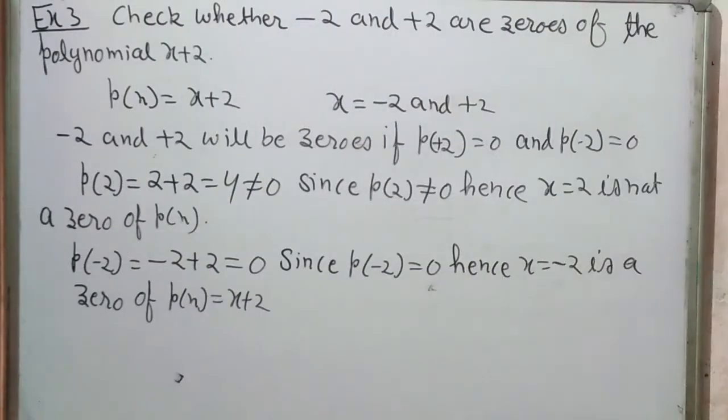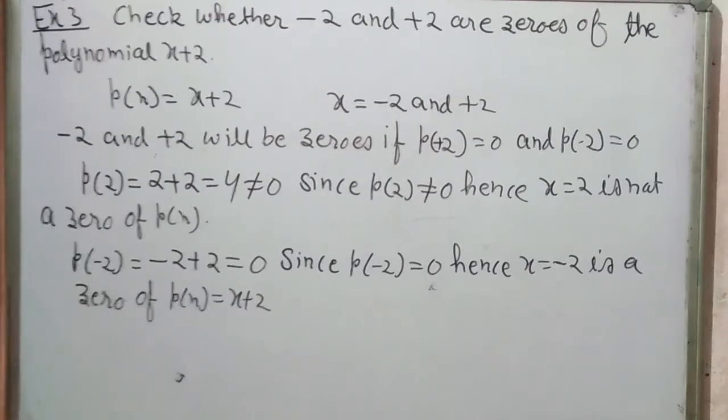In this particular case, at x equals minus 2, the value of the polynomial has become 0. So remember again, the value of the polynomial becomes 0, but the zero of the polynomial is the value of x, which is actually minus 2. So minus 2 is yes a zero of this polynomial.